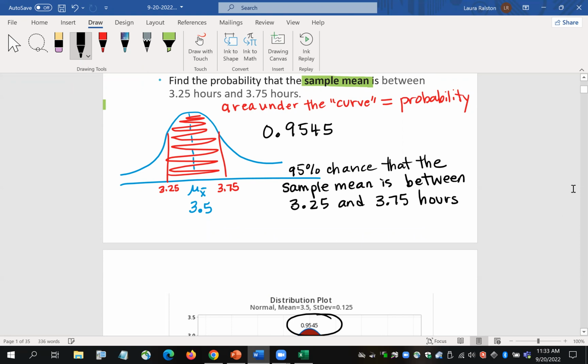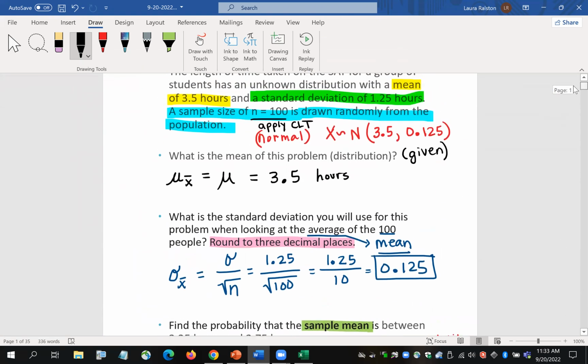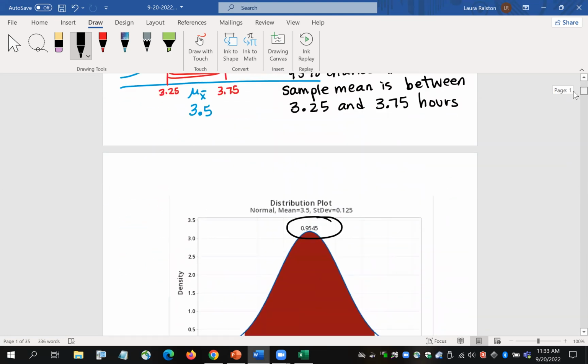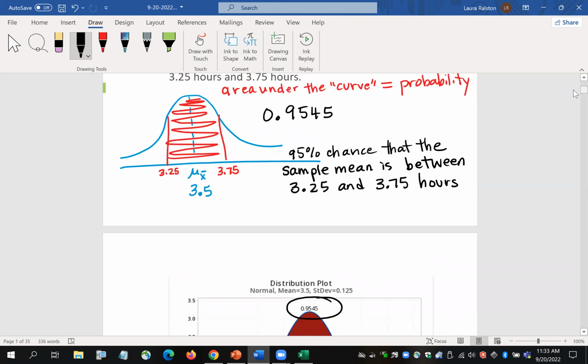That it takes, 95% of the students who take the test take between 3.25 and 3.75 hours on average.